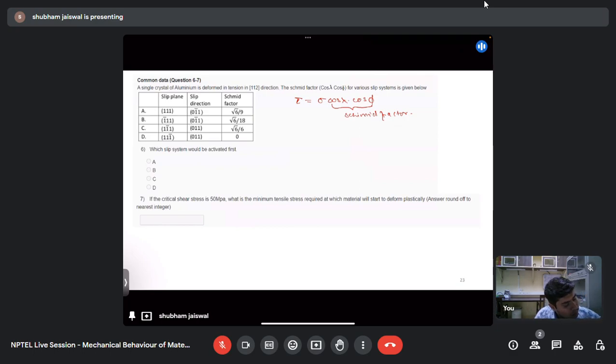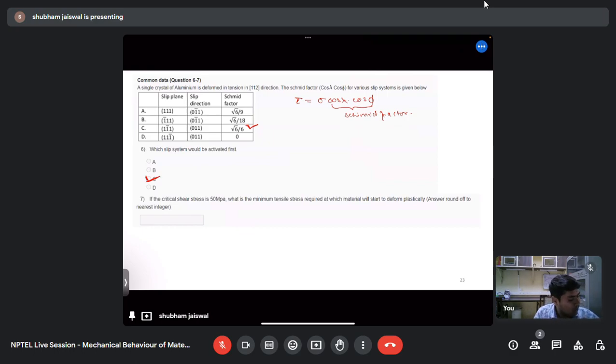So here we have this slip plane and slip direction given, and they have given the Schmidt factor. So out of these three, the maximum Schmidt factor is for the case C. Is it not? So the first slip system will be activated in C.